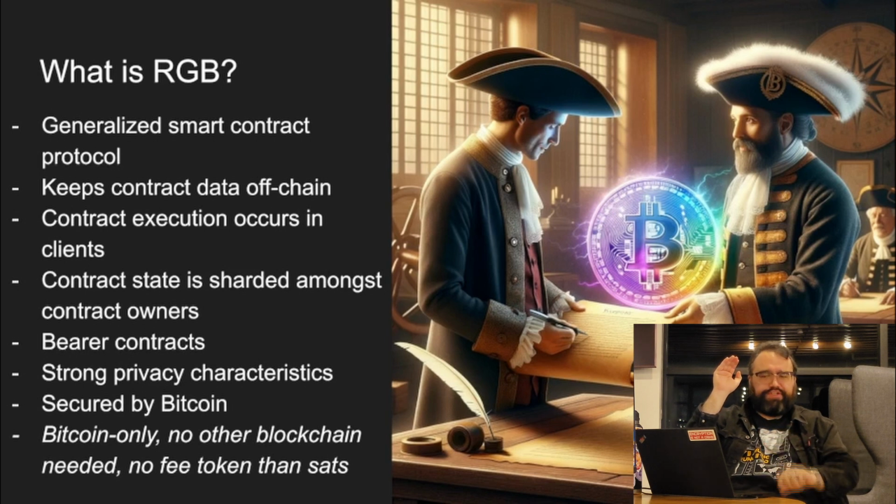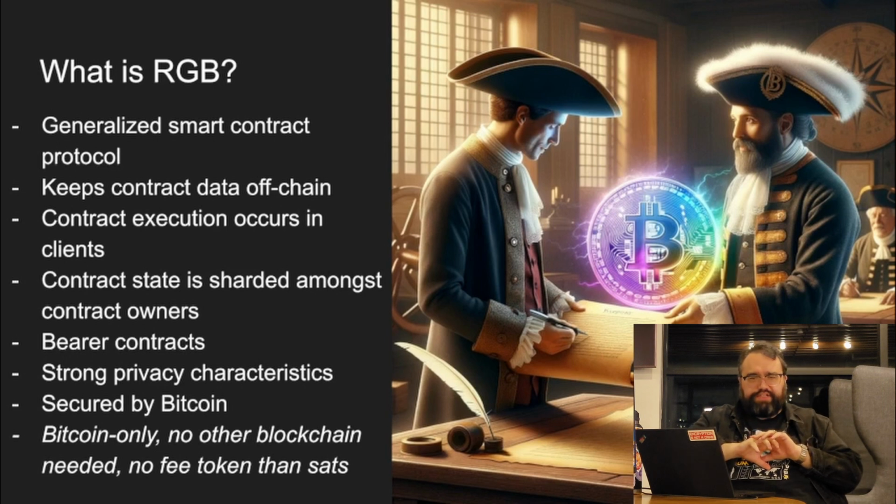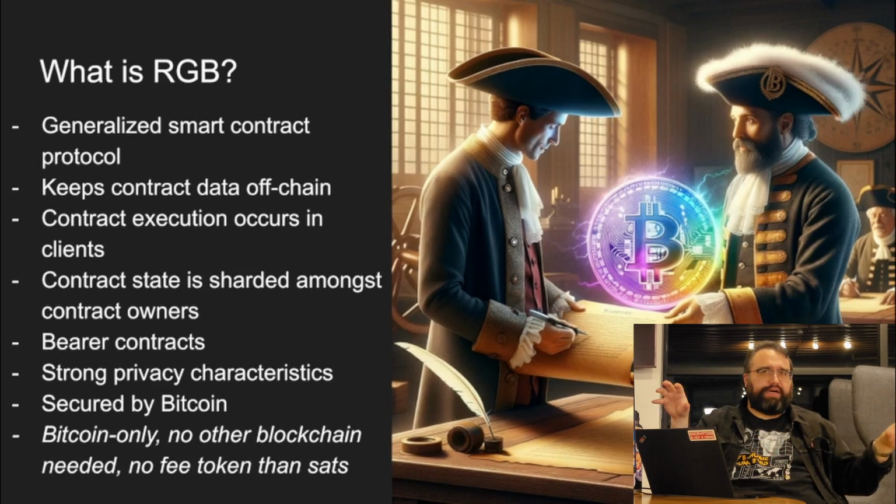We take the things that normally happen in nodes as you transfer a token or interact with a contract, we put those parts in the wallet itself, and then we secure that by Bitcoin. And we have this concept of separation of state and ownership. We're securing the ownership with Bitcoin using a UTXO, and we're keeping the state separate, and that state is sharded amongst contract owners, in that you can essentially distribute the problem of keeping track of state within the system over time.